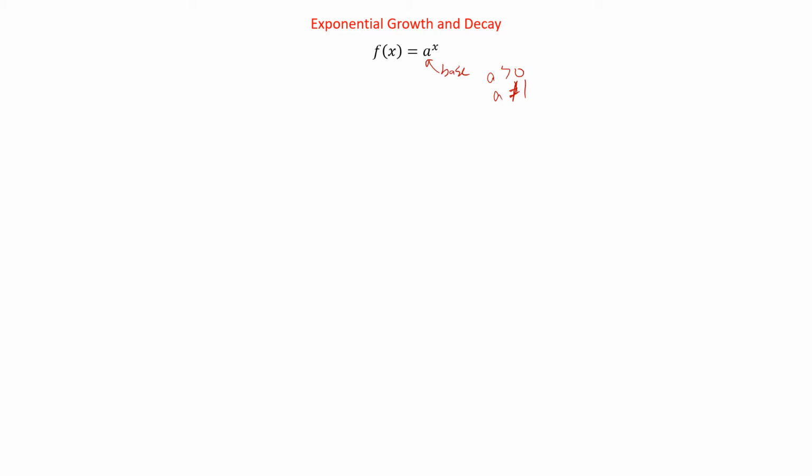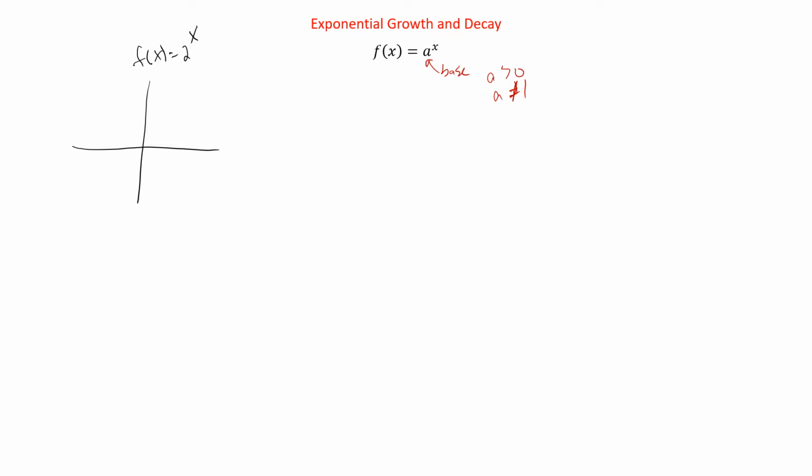So the graphs of exponential functions, if we look at the graph, let a equal 2. So the graph of f of x equals 2 to the x. And it doesn't have to be 2. It could be any number we want, as long as it's bigger than 1. I'll tell you why in a second.